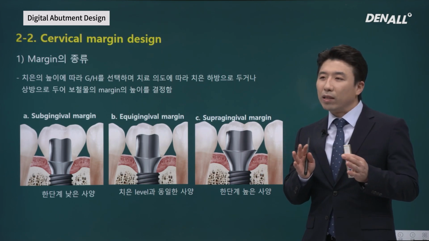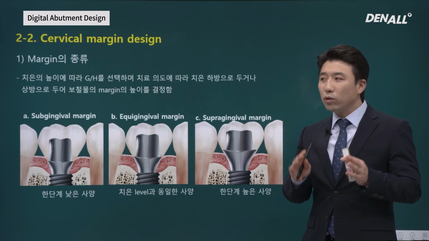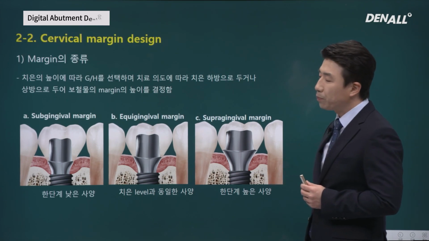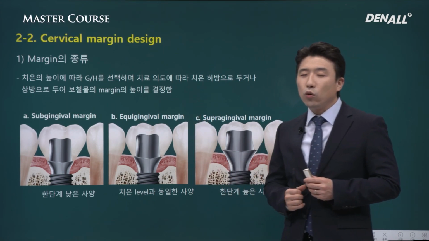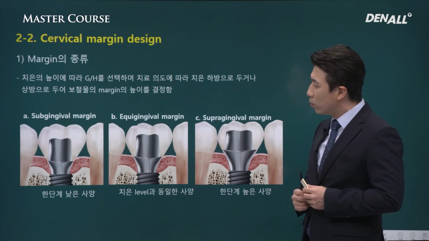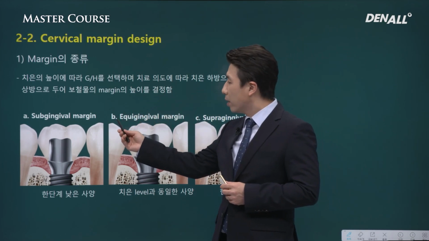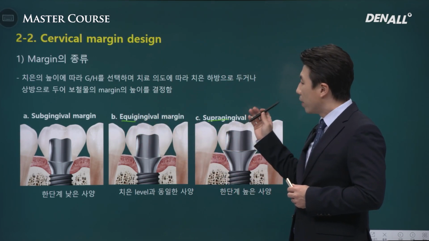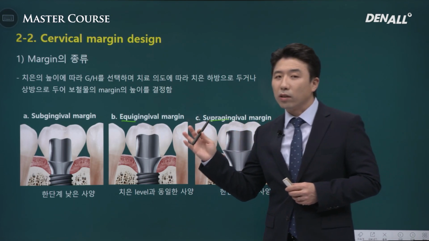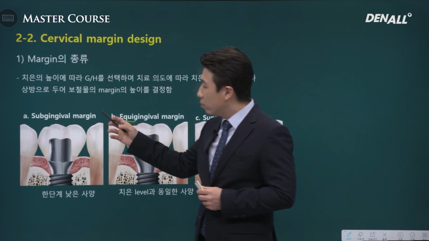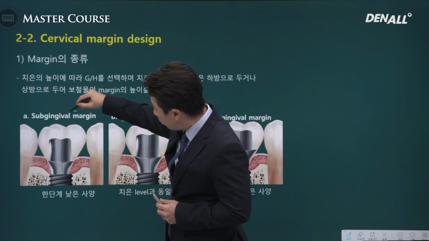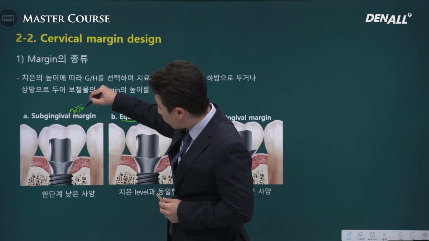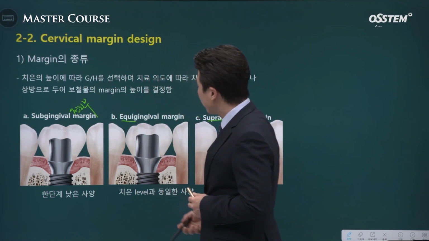We adjust the gingiva when we provide the abutment, and the marginal position is very important. Whether it's subgingival, equigingival, or supragingival, we can make choices. In the case of the anterior area, it's a subgingival margin. In most cases, it's going to be an equigingival margin.